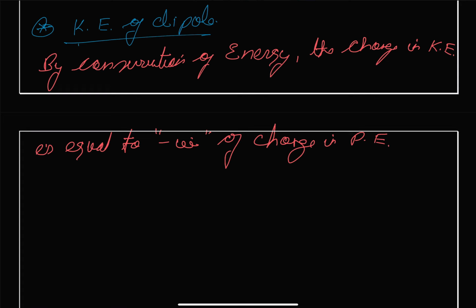Therefore, we can say that our kinetic energy final will be equal to minus of delta U. So we get this as delta U we just found out. So we get this as P times Q, and we get this as 4 pi epsilon naught d square.